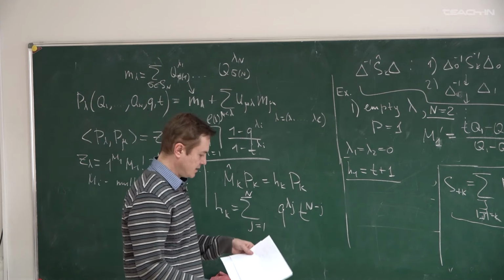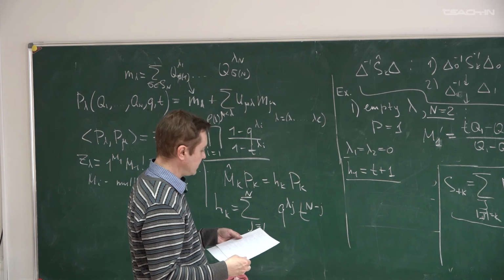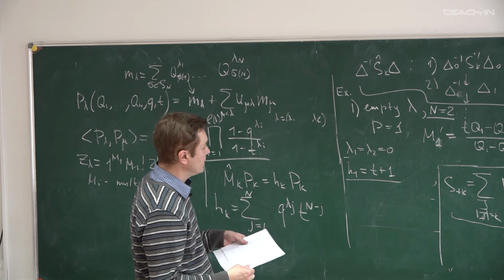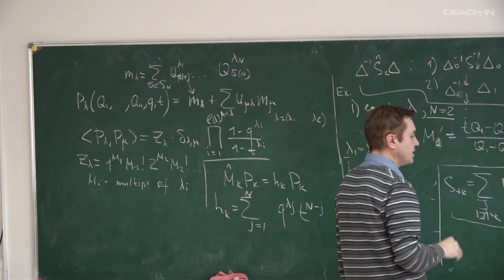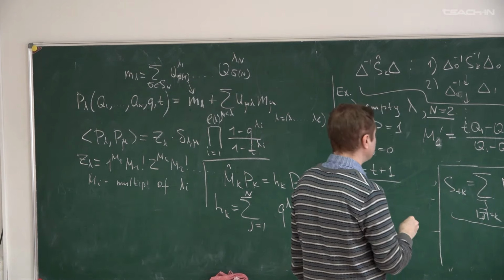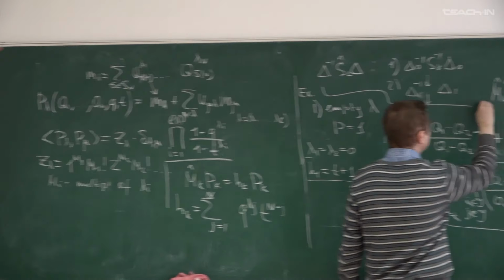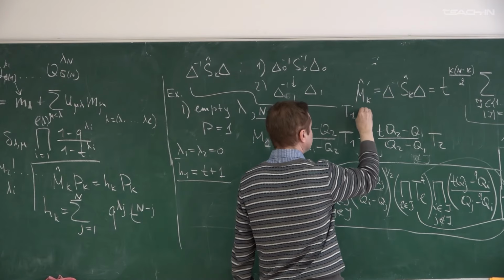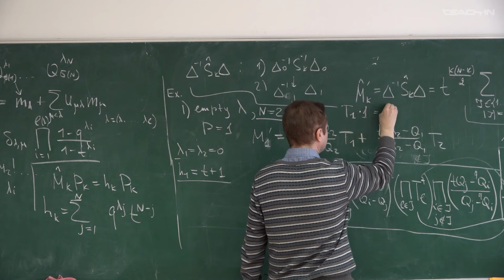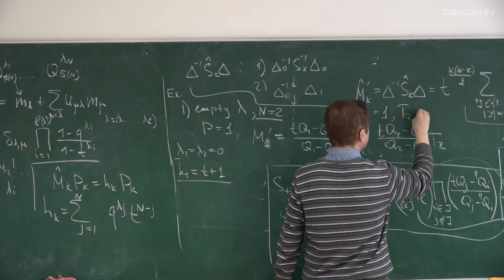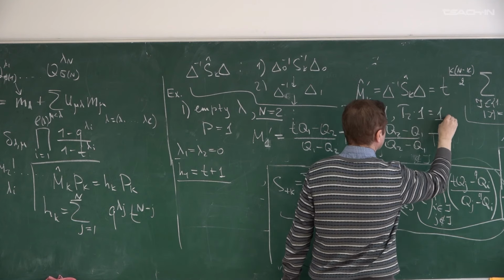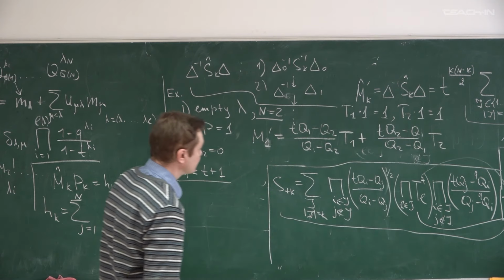And let us verify it. How to verify? The action of these shift operators on 1 is by definition 1. So we think that T1 acts on 1 by 1. There is nothing to shift. And T2 acts on 1 by 1 also.